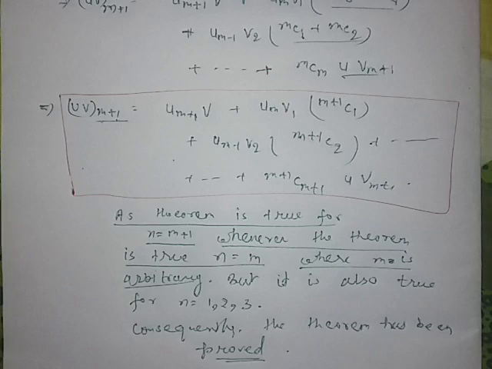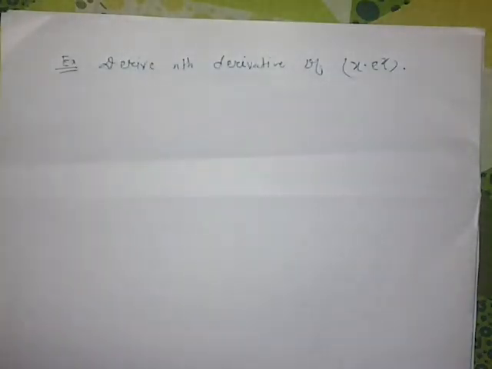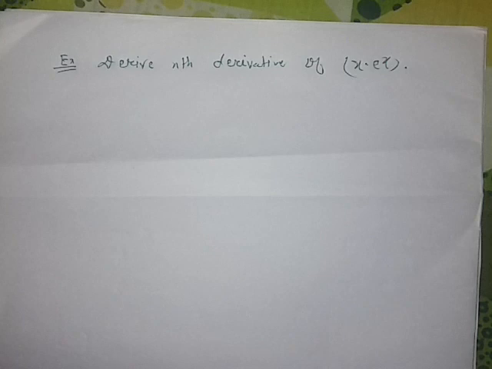Now we take an example to understand the use of Leibnitz theorem. The example says that we have to derive the nth time derivative of the product x multiplied by e to the power x, where e to the power x is the exponential of x.